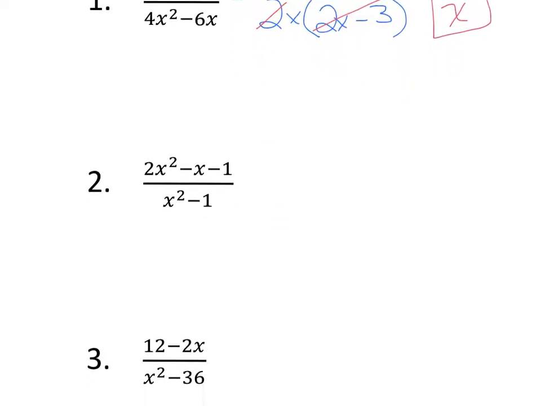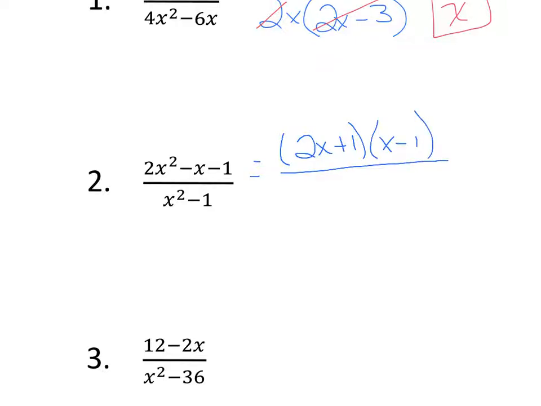On number 2, the same idea. We're going to factor the numerator and the denominator. In the numerator, you're going to have to use either the AC method or line divide or the Columbian method to factor this trinomial because of this 2 here. But after you do all that, you're going to have factors of 2x plus 1 times x minus 1.